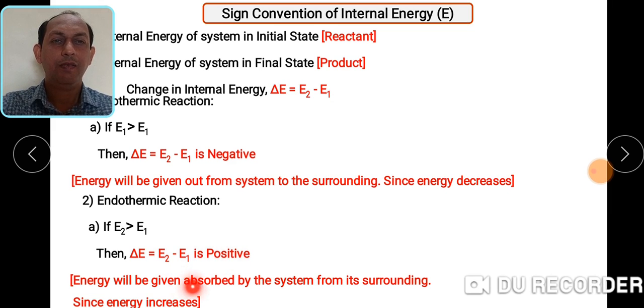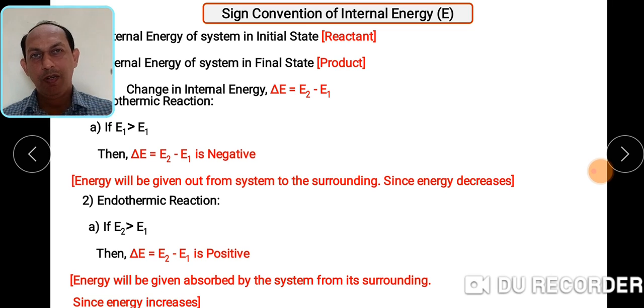So energy will be absorbed by the system from its surrounding. Energy is transferred from the surrounding to the system. Plus means addition, so the energy of the system will increase. So remember, in case of an endothermic reaction there is an increase in energy of the system.